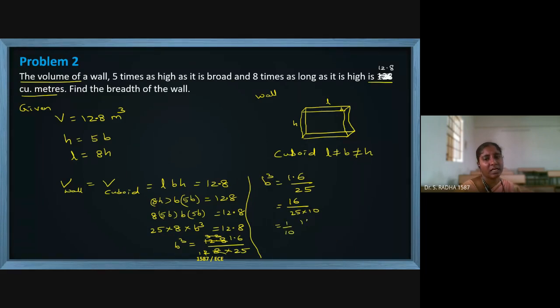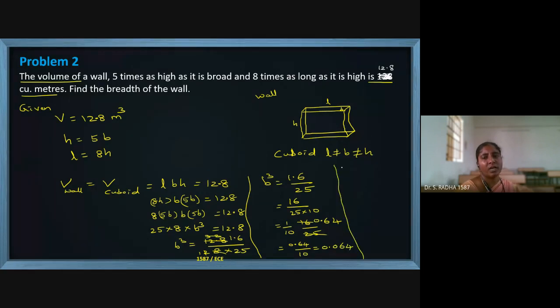Here 25 ones are 25, and the numerator is 16. So 0.64 divided by 10. The value is 0.064.